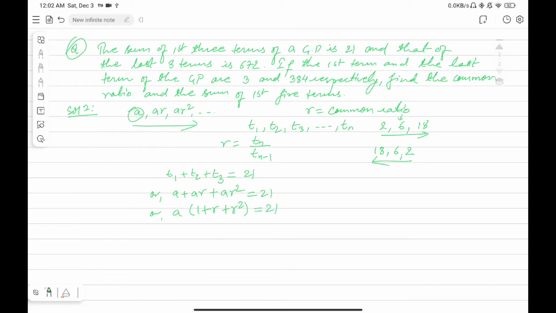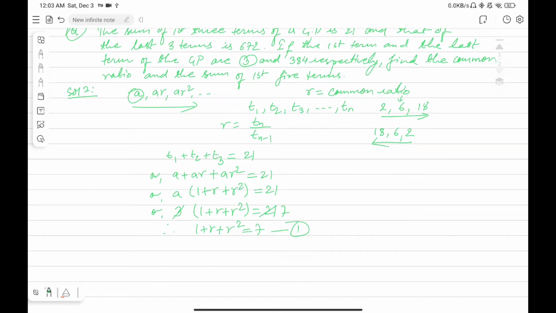The question has clearly given us the first term, which is 3. So 3 times (1 plus R square) equals 21, so 1 plus R square is 7. This is our first equation in terms of R. It is a second degree equation, so we don't have to worry about this.